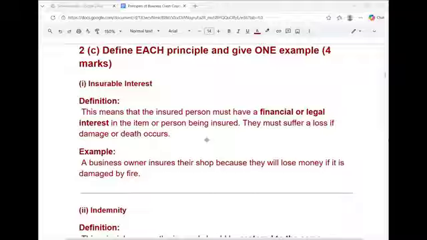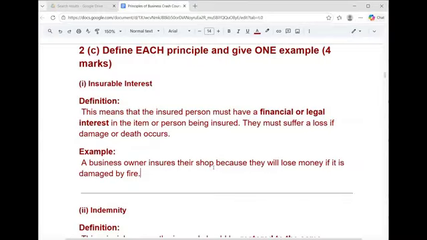When a business pays for insurance, let's say for instance, the owner took out insurance in case of fire.